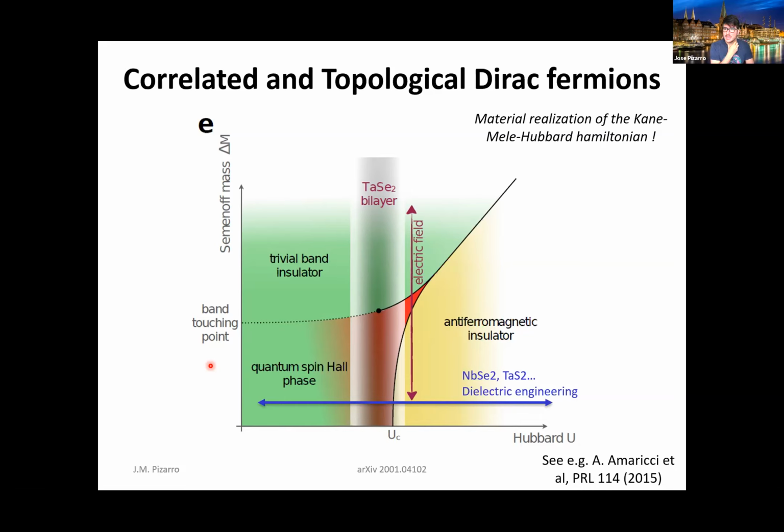So in niobium diselenide it is slightly less correlated, or the U is smaller, and in tantalum disulfide it is slightly more correlated because both the U is a bit larger and the bandwidth is smaller. But yeah, this is kind of tricky. Maybe a way of changing the quasi-particle weight is going to a small rotation angle and looking for even flatter bands than these ones, right?